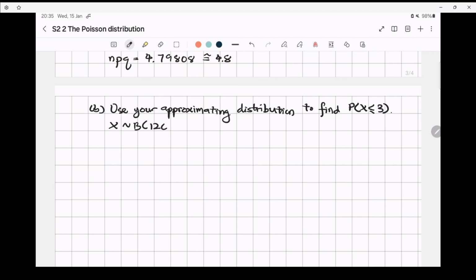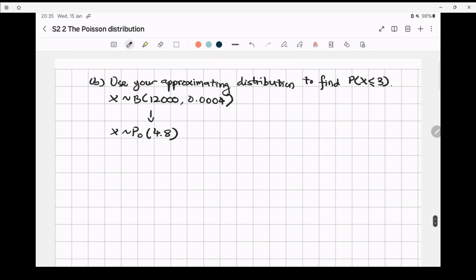You have 12,000 over here, 0.0004. So now you do some approximation with Poisson distribution. So n multiplied with p is 4.8. So that is your parameter.